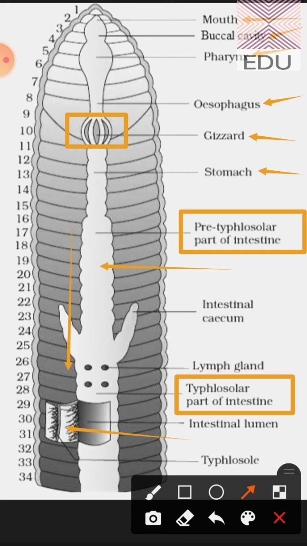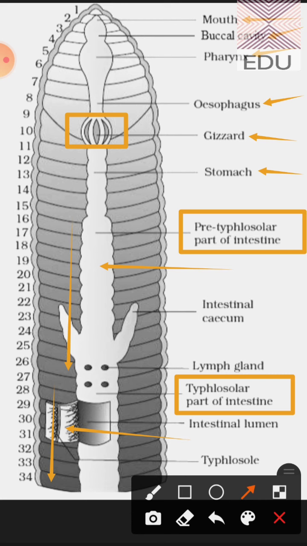Now if we take the tiflosolar region, it starts with the 27th and goes down, and the post-tiflosolar region contains the last 25 segments. That means if we cut out the last 25 segments and start with the 27th onwards, up till the end we have got the tiflosolar part. So students, that was the demarcation, you can say, of the parts of the intestine.